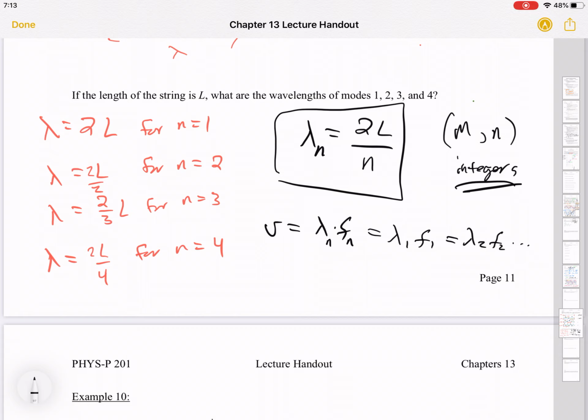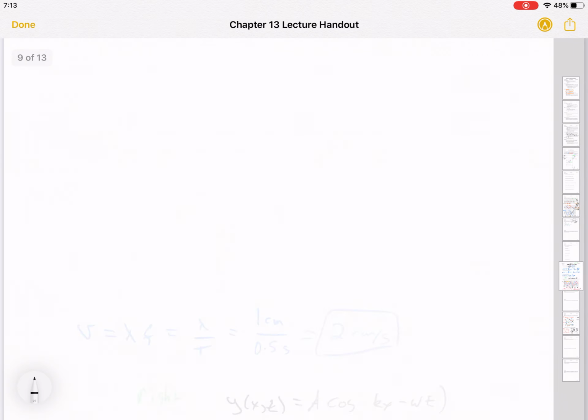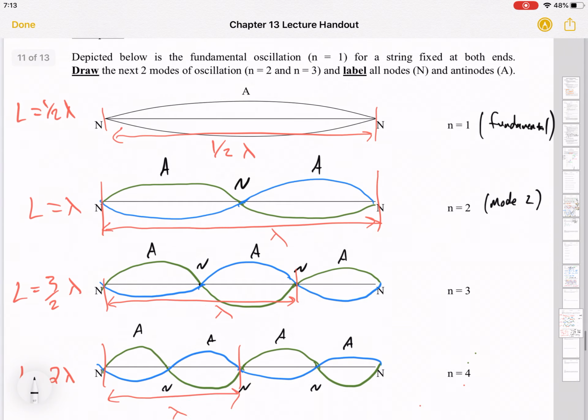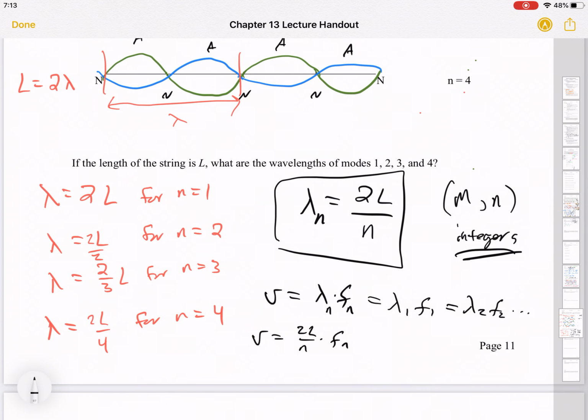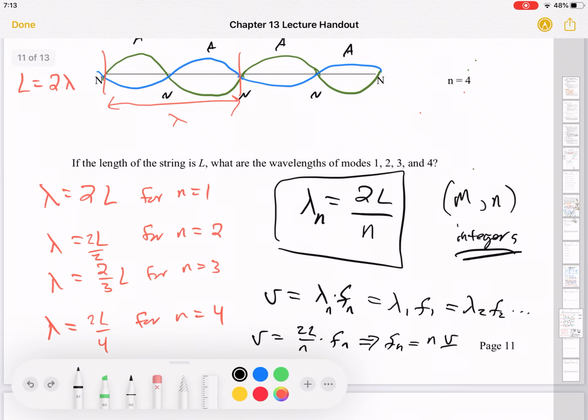So v equals lambda sub n, which is 2L over n, times f sub n. So I could solve for f sub n. F sub n is n v over 2L.